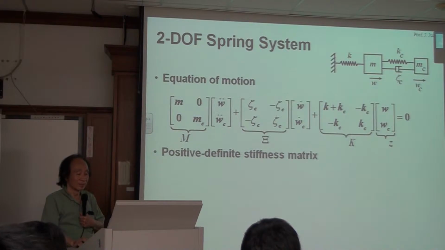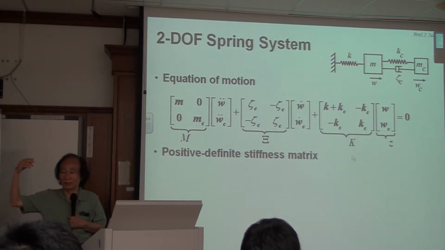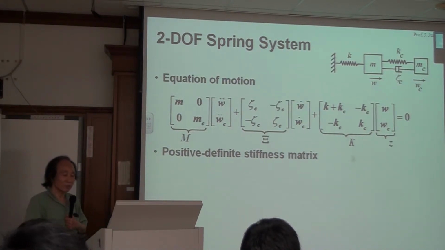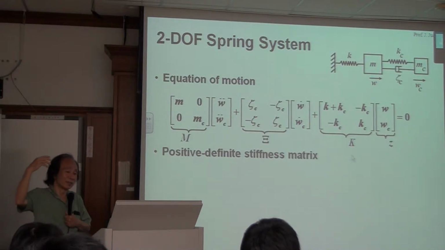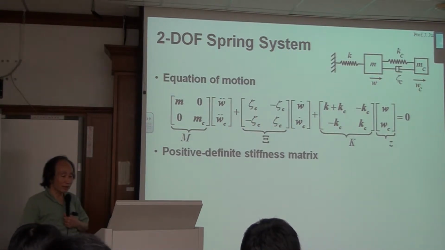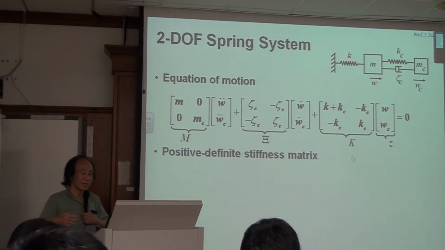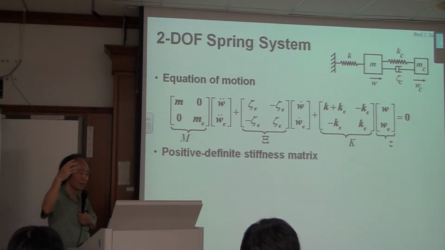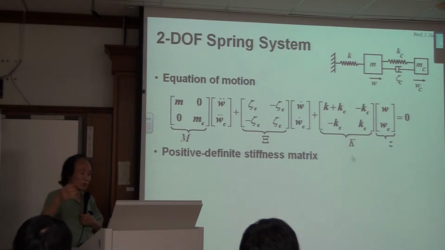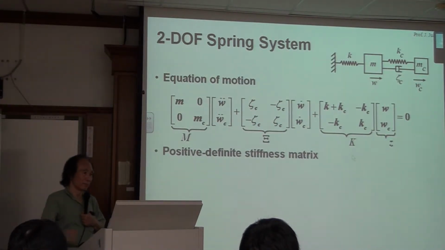Okay. So if I happen to have a displacement feedback and a velocity feedback, then I can design a feedback system which mimics a TMD.